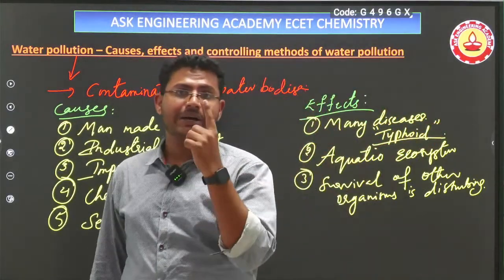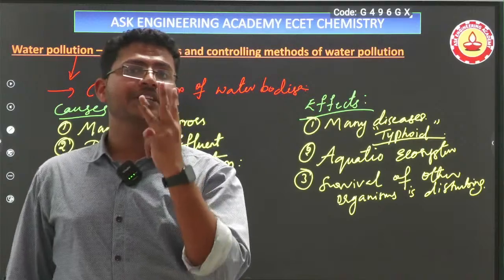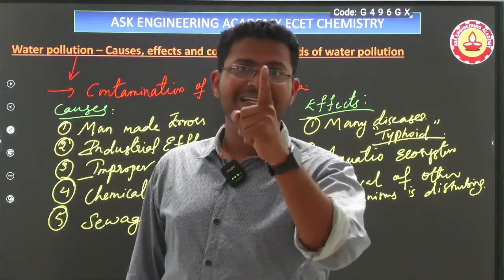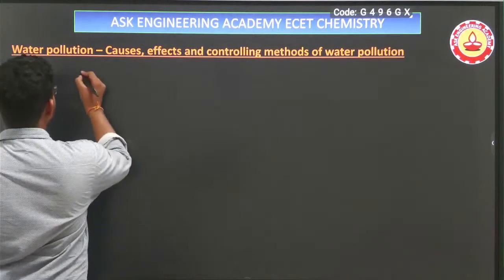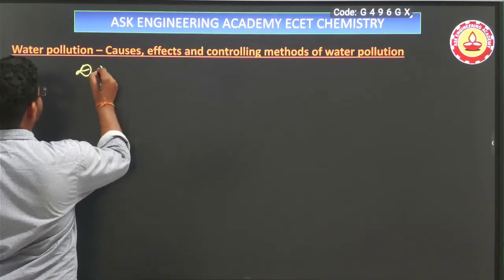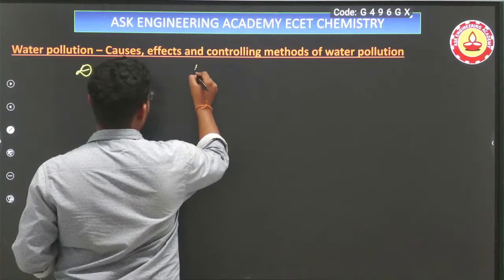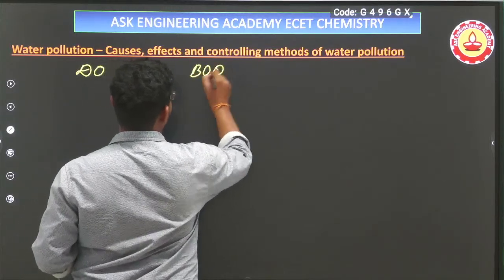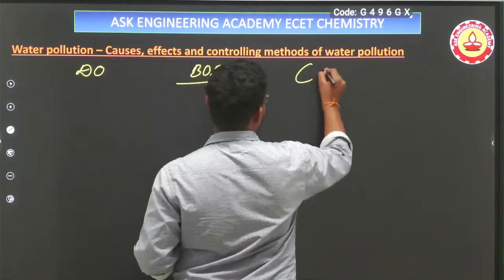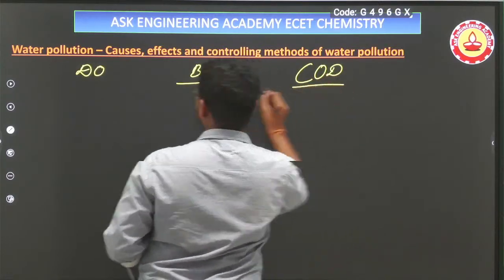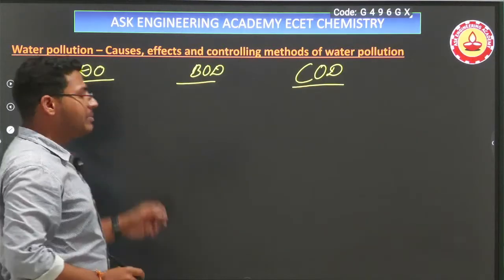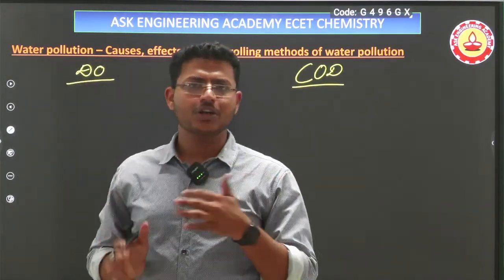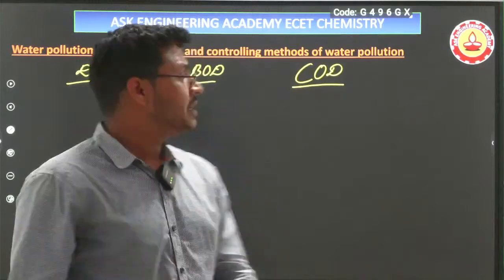Before this, I am going to explain three important terms which are very important from your ECET point of view. Those are DO, BOD, COD. Very important for your ECET. I think these terms are not mentioned in your syllabus, but they are very important.